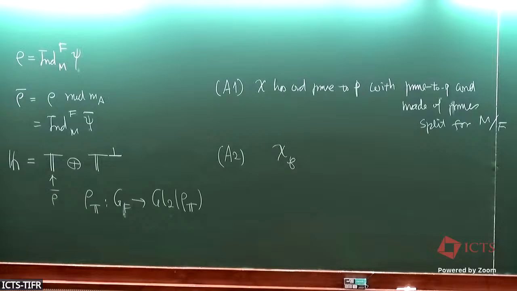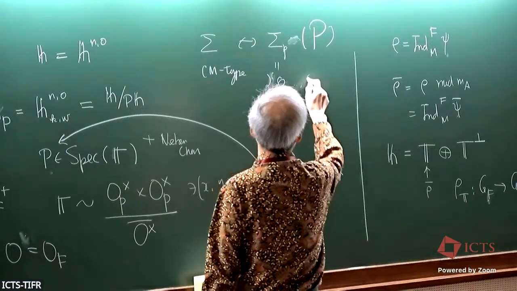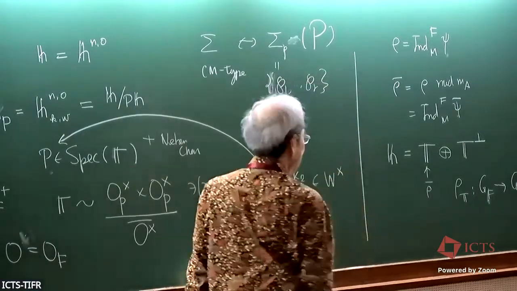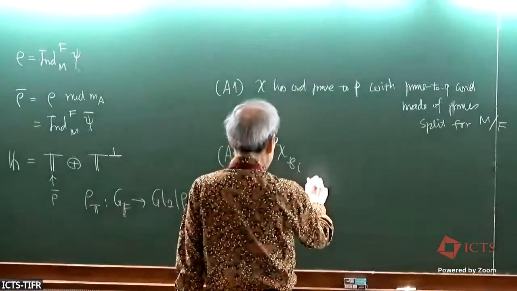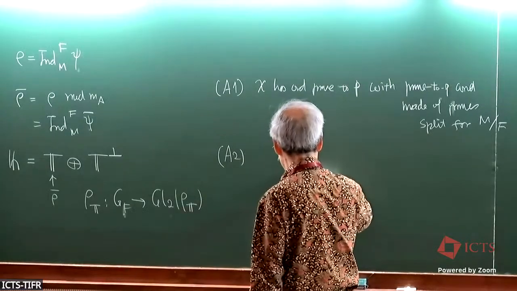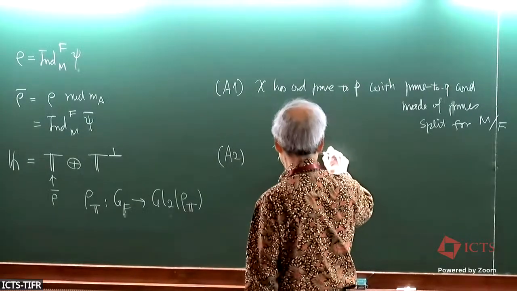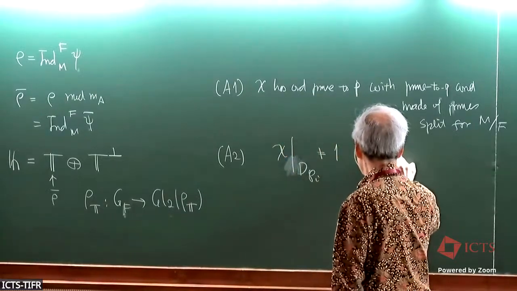So this is made of several primes, P1, ..., PR, or something like that. And this chi P, you have chi, you restrict it to the decomposition group of chi P, and that is non-trivial. So this is the so-called P-distinguished condition.